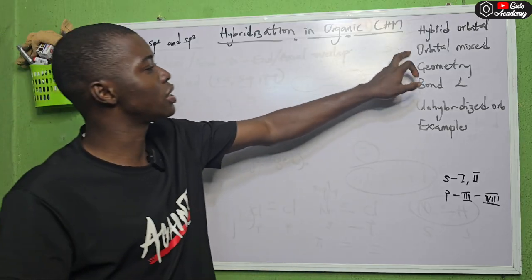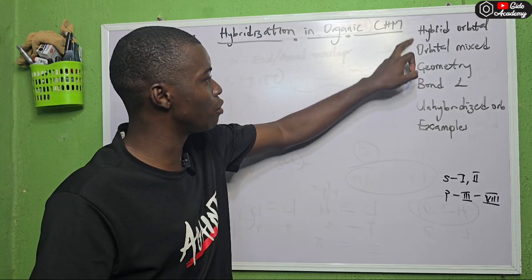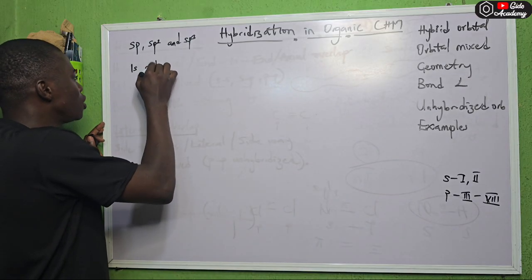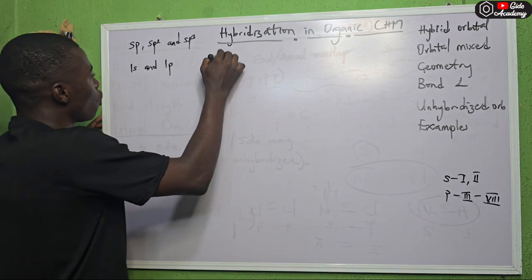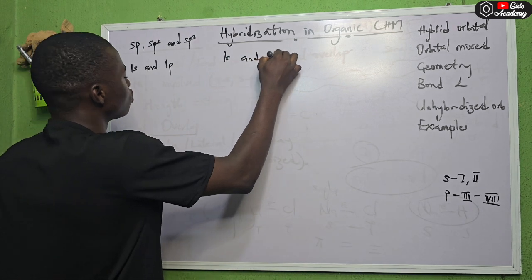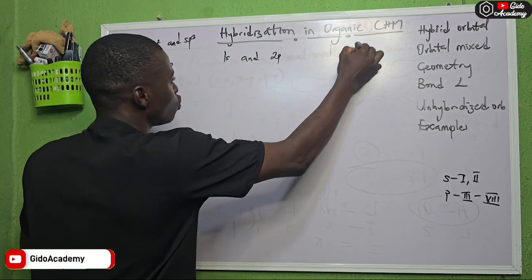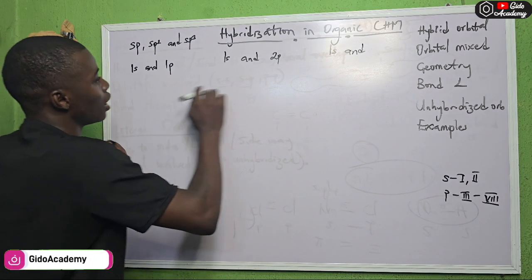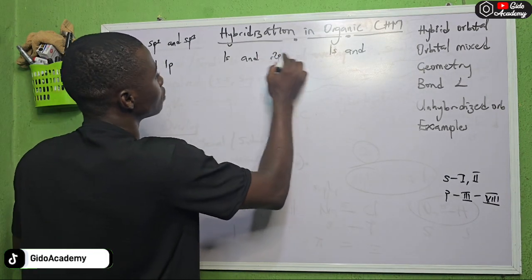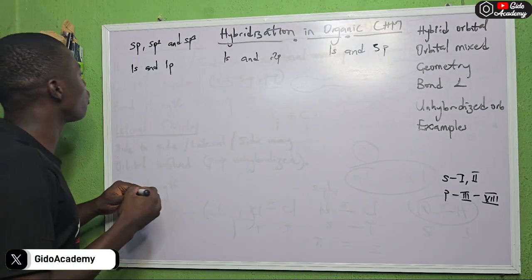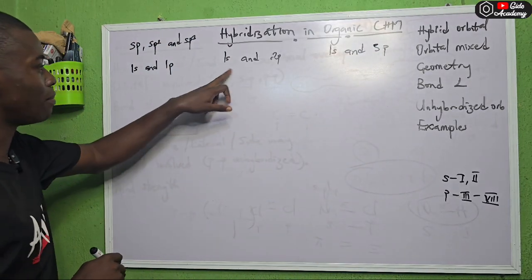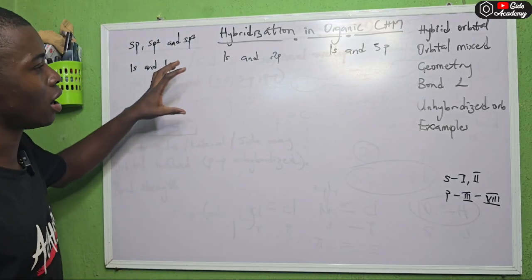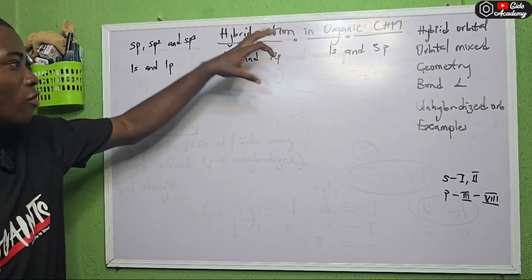Now, let me start with the hybrid orbital. One S orbital can blend with one P, one S can blend with 2P, and one S can also blend with 3P under hybridization in organic chemistry.